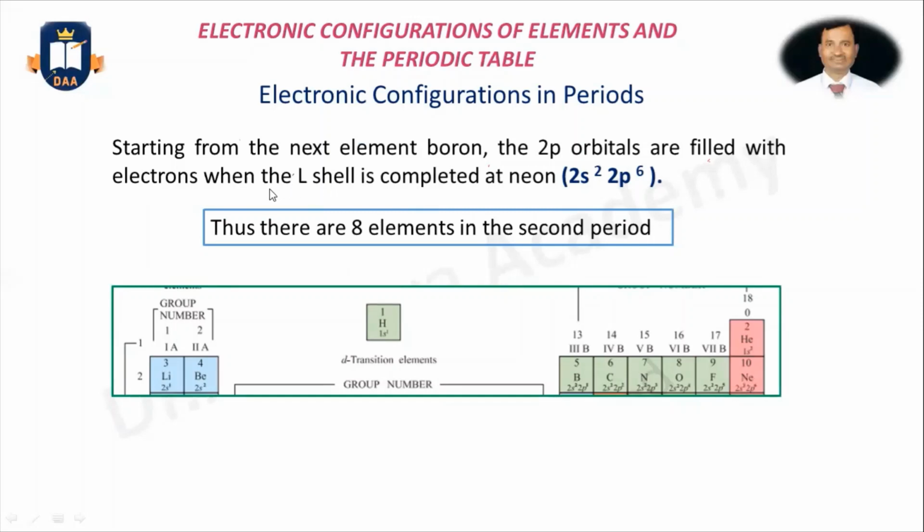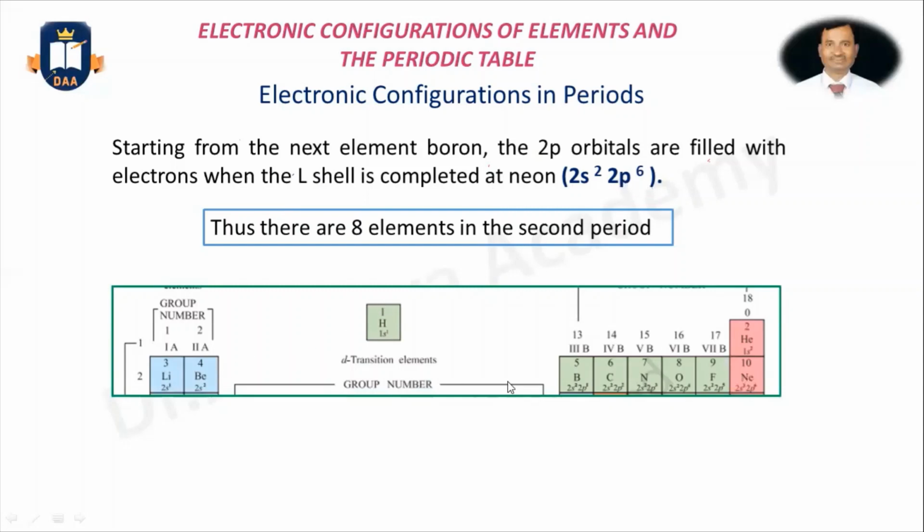And then this is the L shell. That means the second shell. In the old version we used to call it the L shell, and the L shell's last element is neon. Its configuration is 2s2, 2p6.